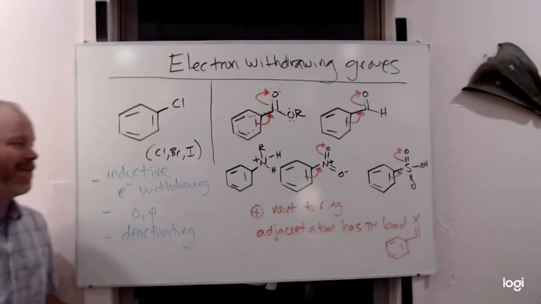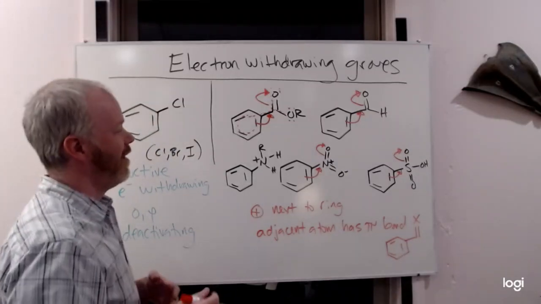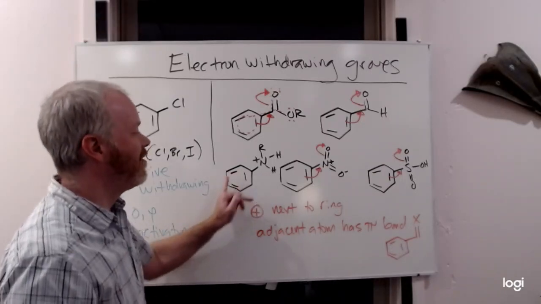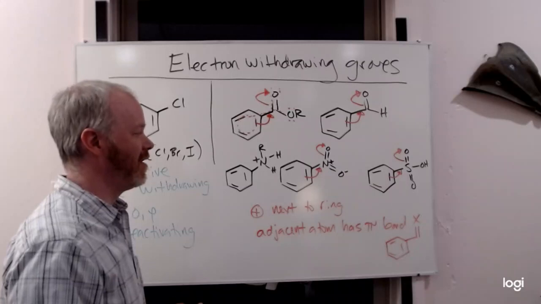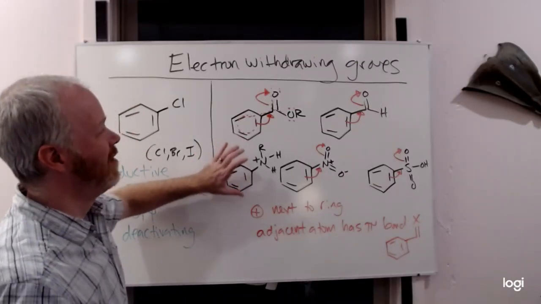Right? The electrons are going to flow out of these ring systems, and that's going to make the benzene electron deficient. That's going to slow down the reaction, right? So these are electron withdrawing by resonance.